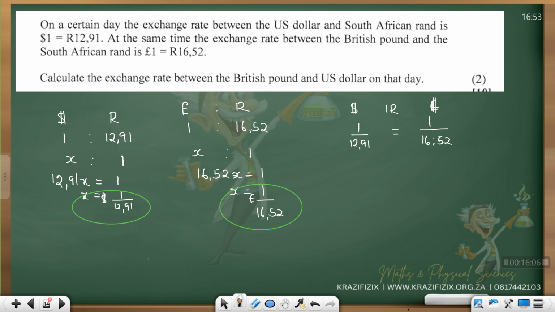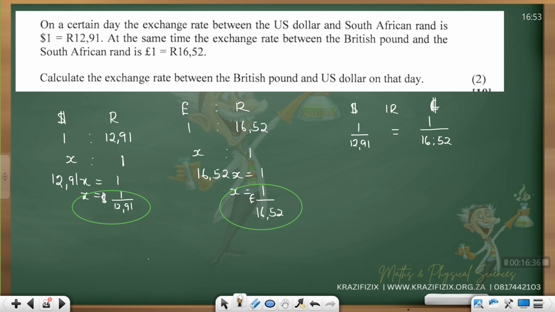And that created an argument, and they were saying, no, the 12,91 is richer. No, no one is richer. It has the same value. And that's what I'm trying to show you, that I can then convert my rands to dollars and my pounds also to rands. I can just do whatever I want when it comes to maths. All right, but I need us to answer this question.